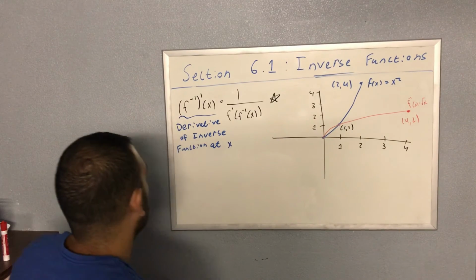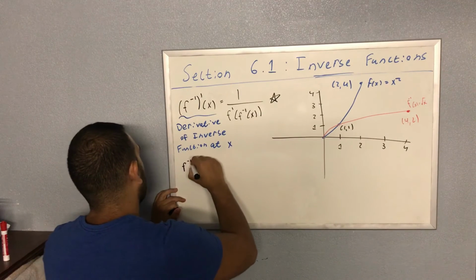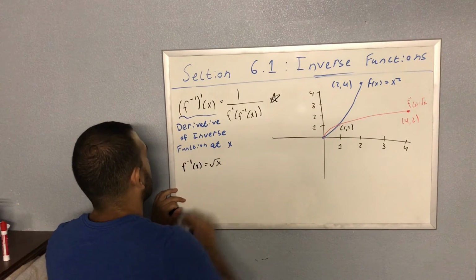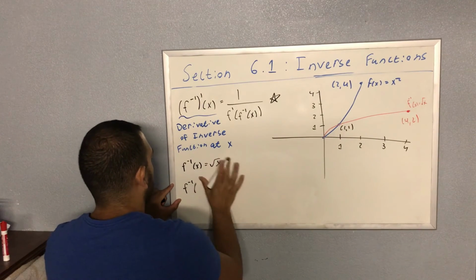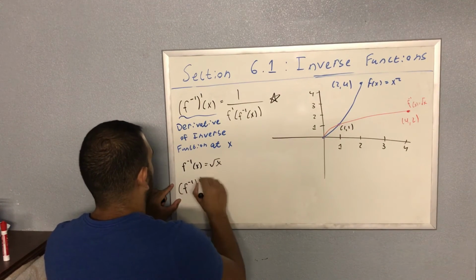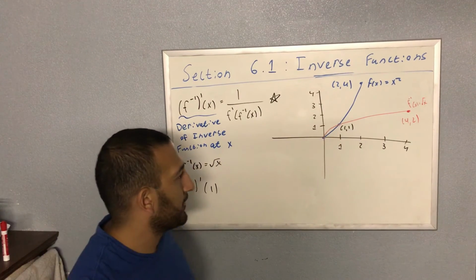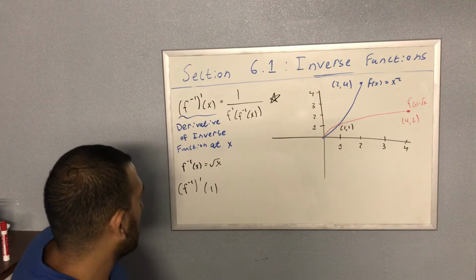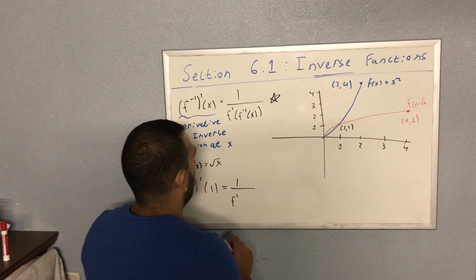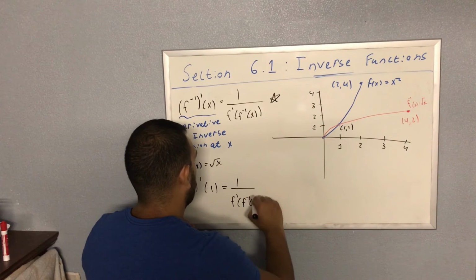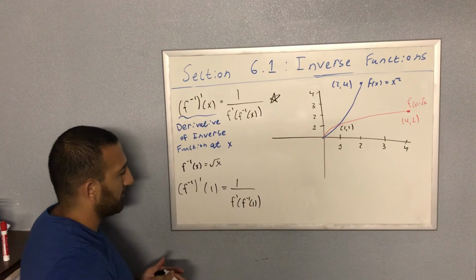Say you want the derivative of f inverse, and here by f inverse, in this case, we mean root x, at the point 1. So according to this formula, this is 1 over f prime of f inverse of 1. So you just replace every x with what it needs to be.